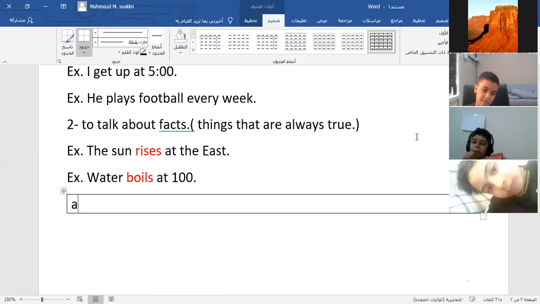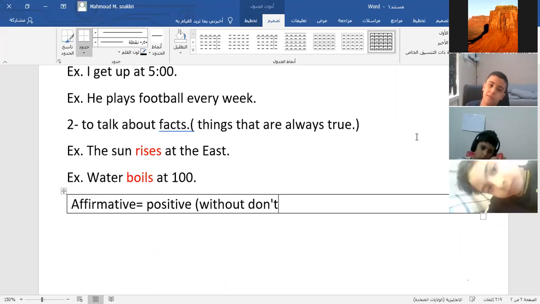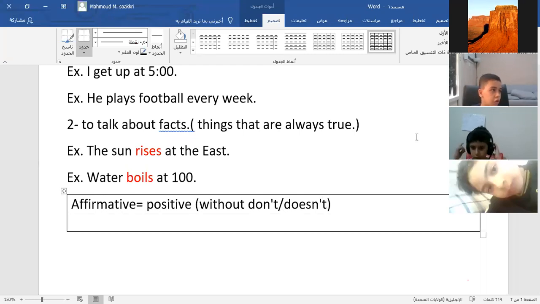Affirmative or positive means a sentence without don't, and also without doesn't. If the sentence doesn't have don't or doesn't, it is an affirmative sentence.